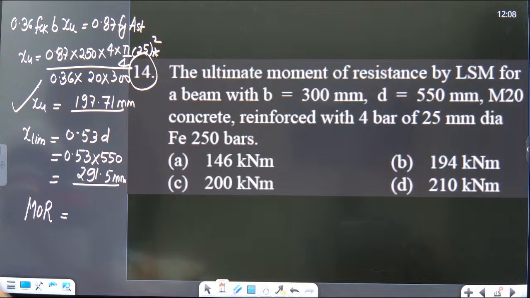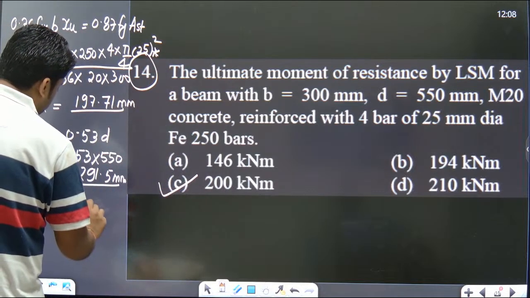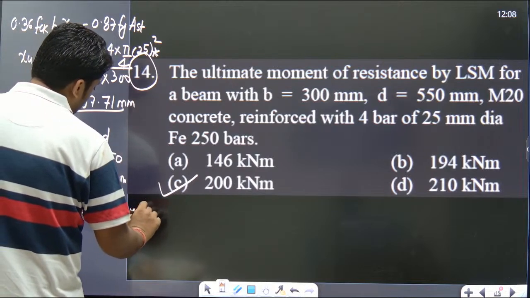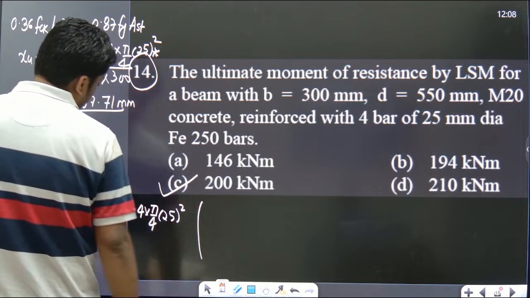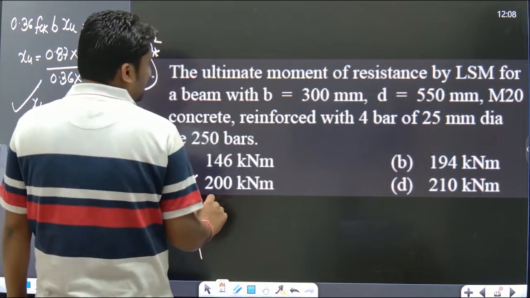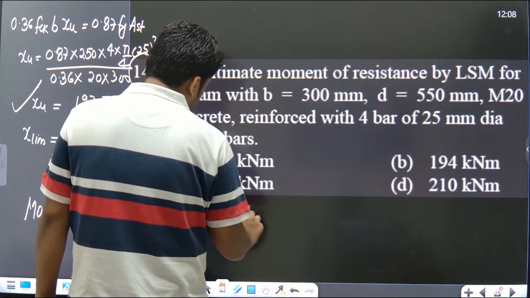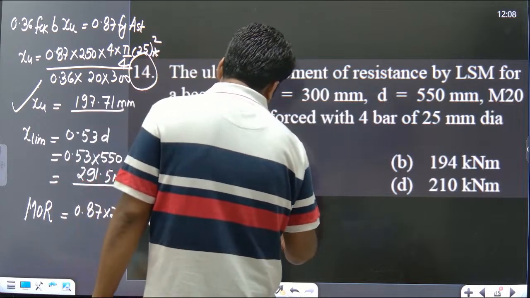So Mu equals 0.87 fy Ast into d minus 0.42 xu. d is 550 minus 0.42 xu, where xu is 197.71.